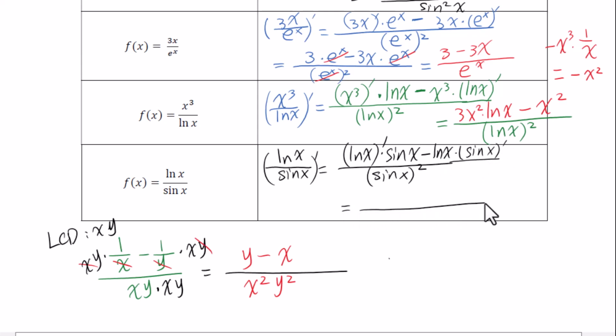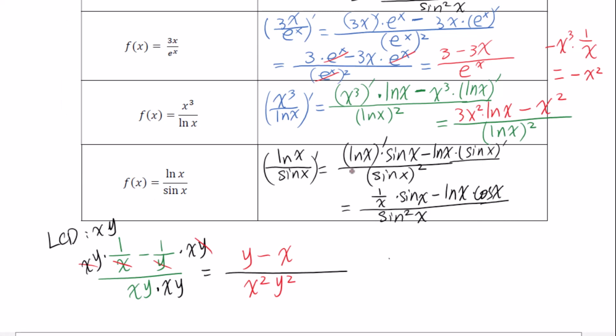We will get sin squared x. The derivative of natural log of x is 1 over x times sin x, minus natural log of x times the derivative of sin x, which is cosine x.